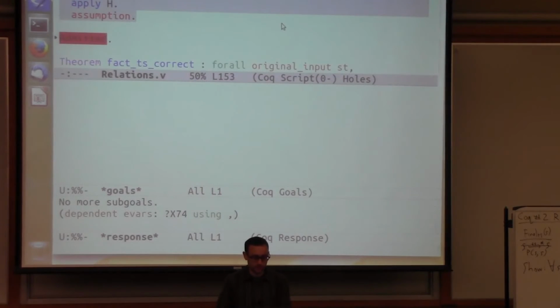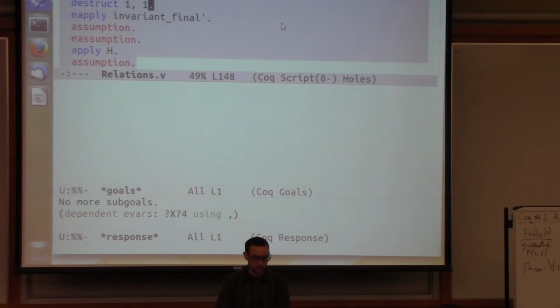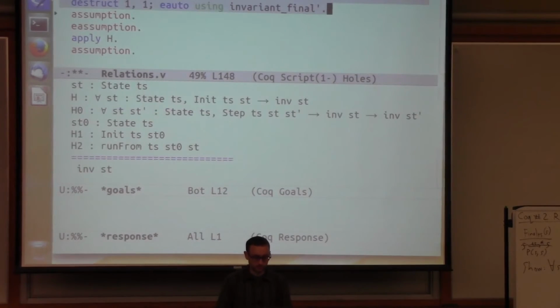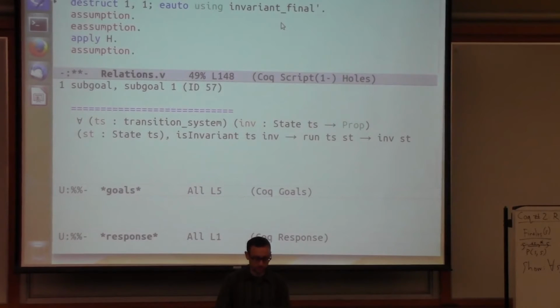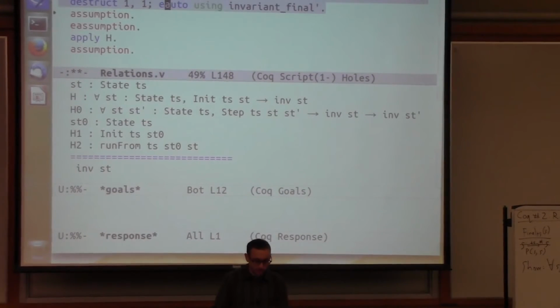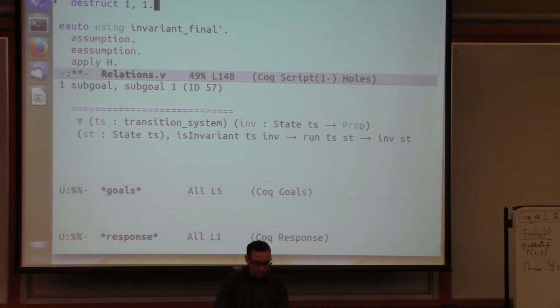This one too, this derivation can be done with E-auto by adding a using clause that says include this lemma among the proof strategies that you consider. And then do I need to increase this? Maybe not. So what's the problem here?